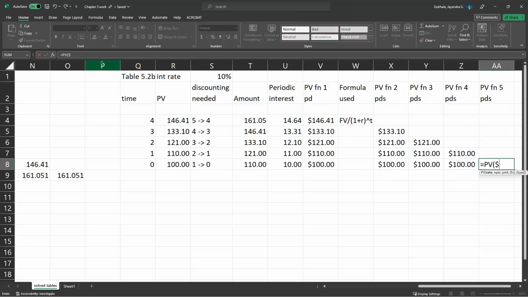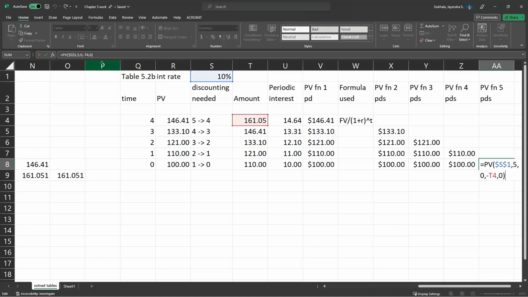Rate is $S$1. Number of periods is 5. The future value is minus T5. Payment is 0, and type is 0, close parenthesis, 100.